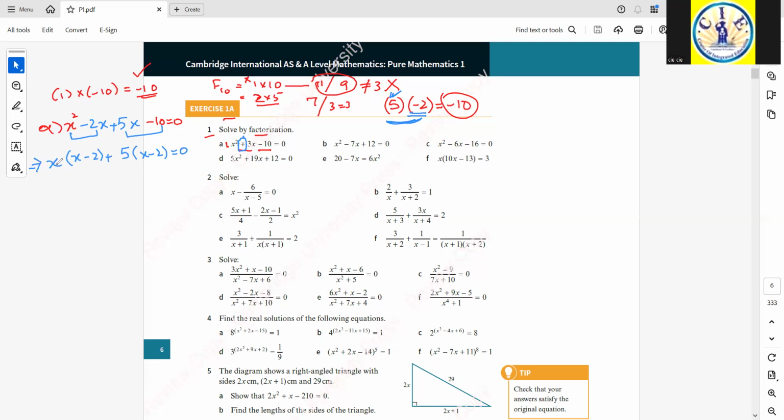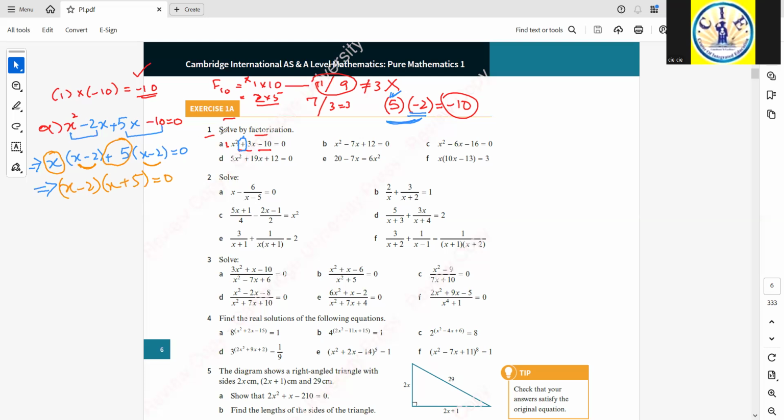Because in an equation, only once we can use the equality sign, that's why that implies. Now you can see very easily that x minus 2 is occurring common in these two terms. So I can take x minus 2 common. From the first term, I'm left with x. And from the second term, I'm left with plus 5. So this is the factorization.